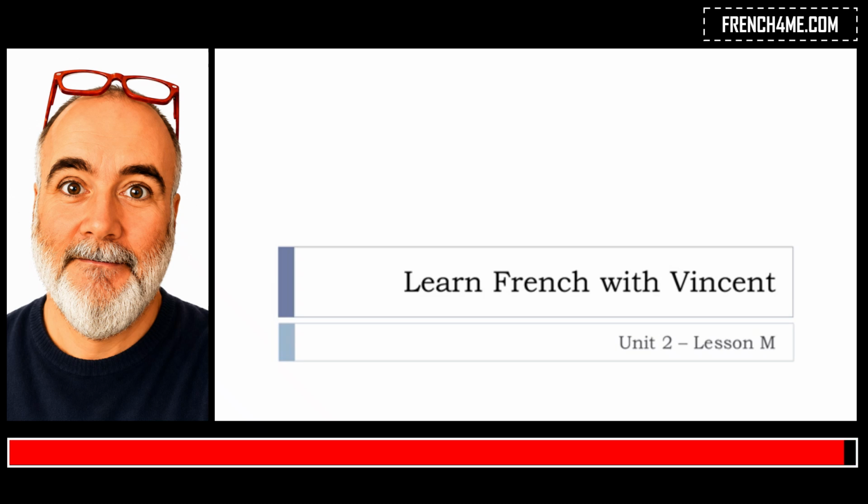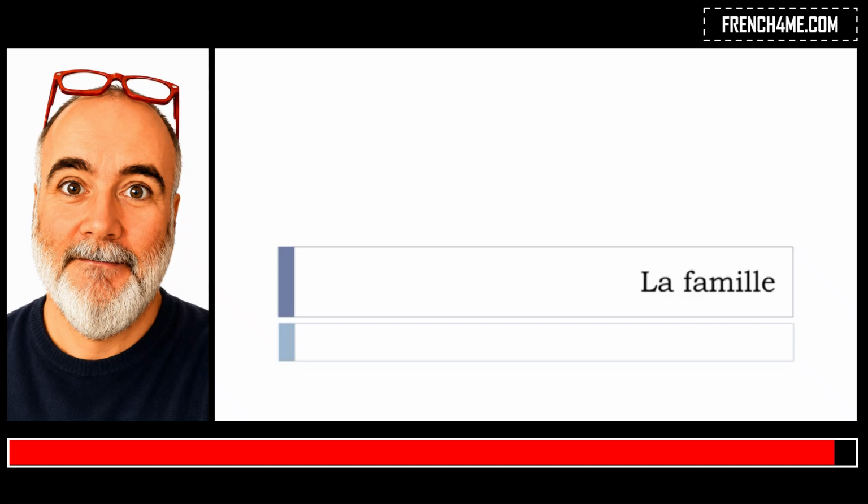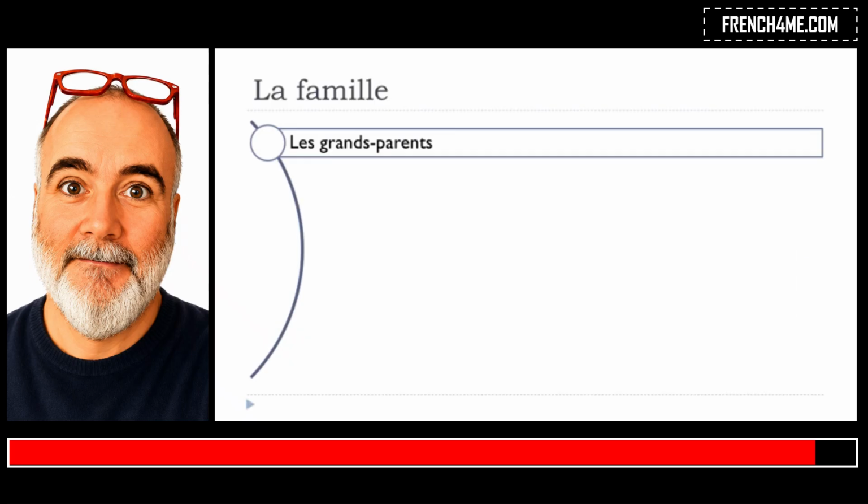This is Unité 2, leçon M, and in this lesson we'll work on vocabulary connected to la famille, so the family. We'll start with the grandparents, les grands-parents. Remember, you don't pronounce this final S here, grands-parents, okay?